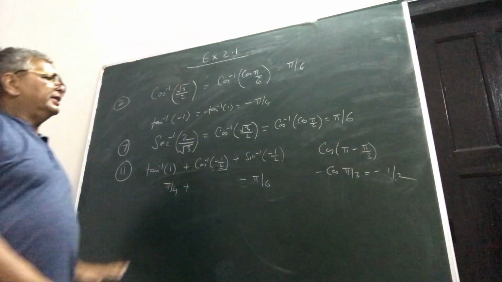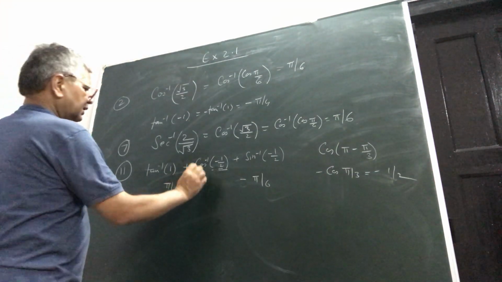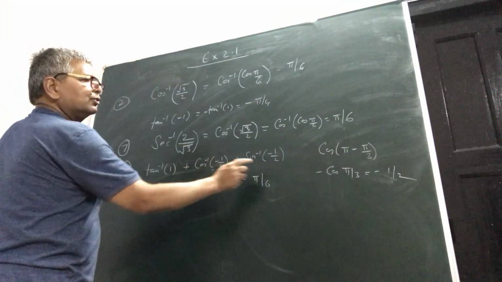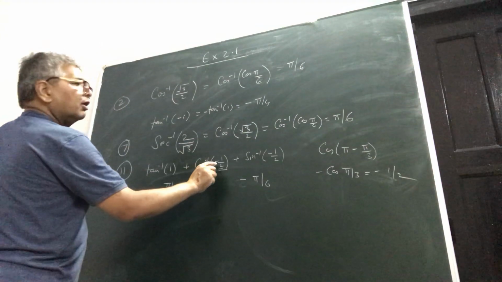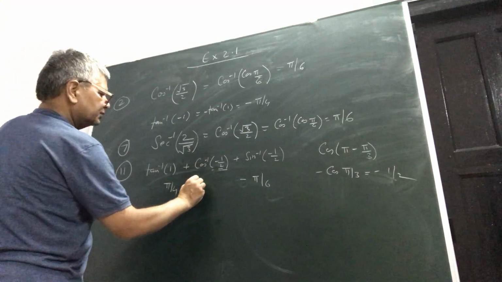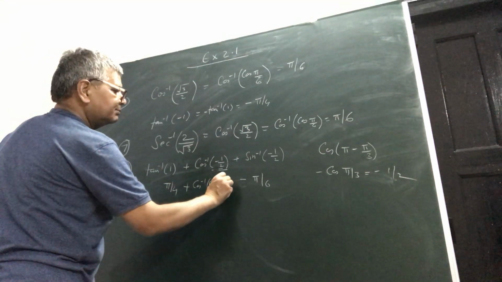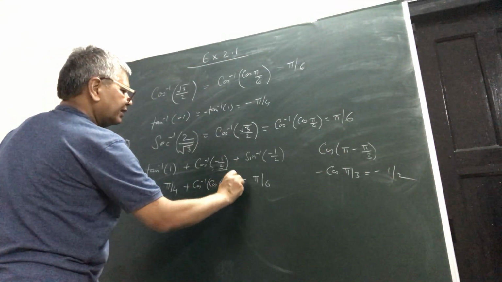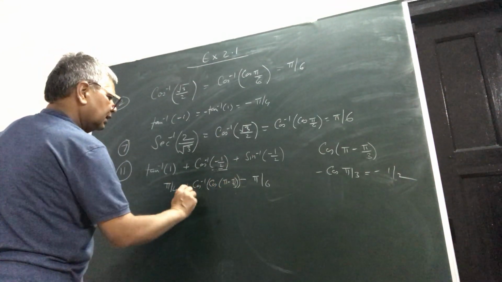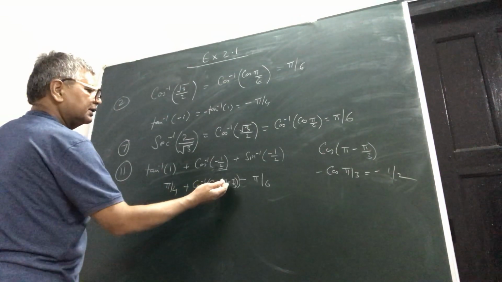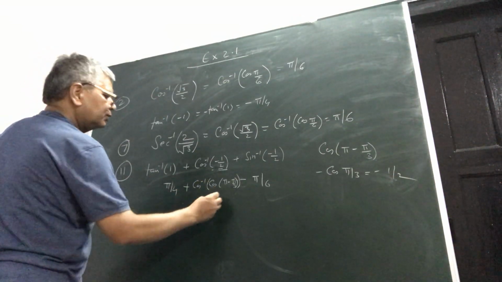So fine. At place of minus 1 by 2, what we will write is cos of pi minus pi by 3. So cos inverse cos will give you pi minus pi by 3, that is 2 pi by 3.